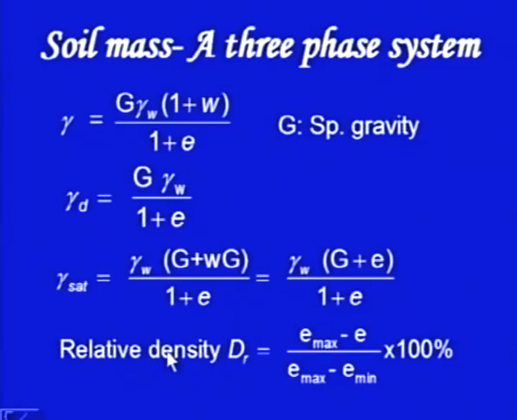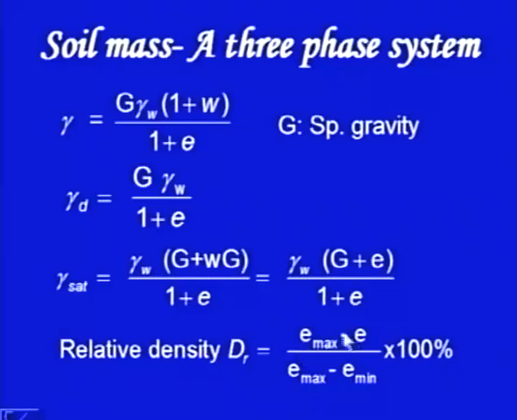Now, for sandy soils, a very important term is called relative density Dr. This is defined as (e max minus e) divided by (e max minus e min). e max means the maximum value of void ratio which the soil mass can attain, so it will be the loosest state. e is the natural void ratio, and e min stands for when it is compacted, quite dense, the maximum density state.